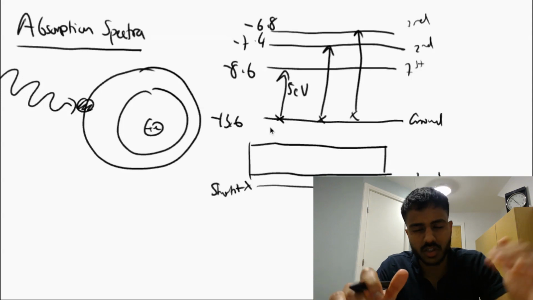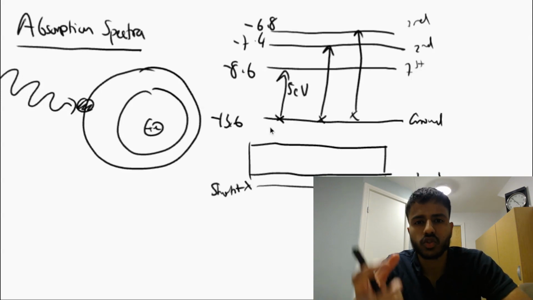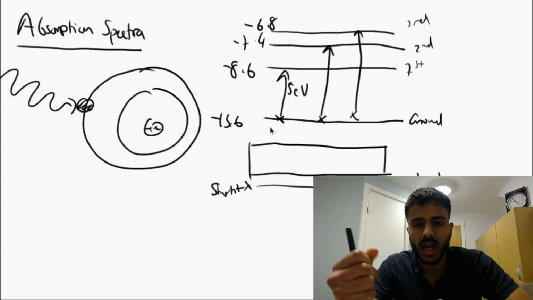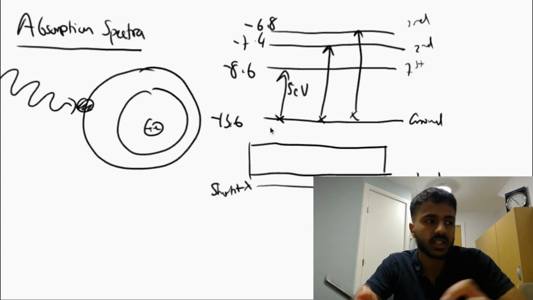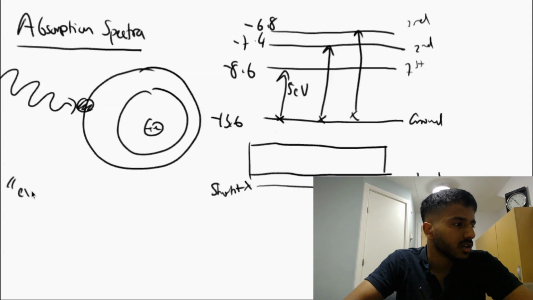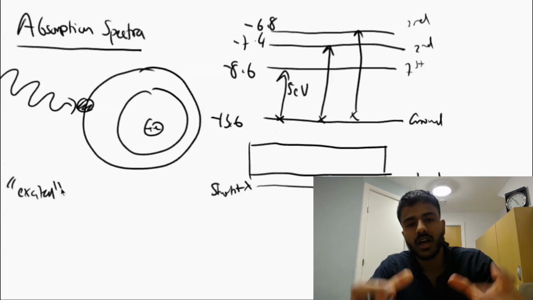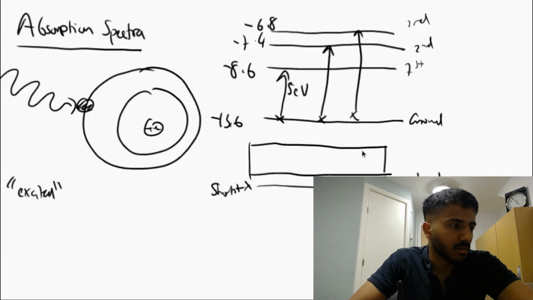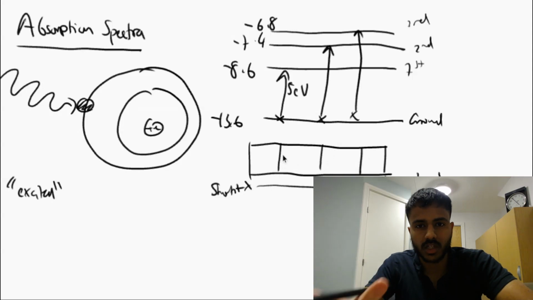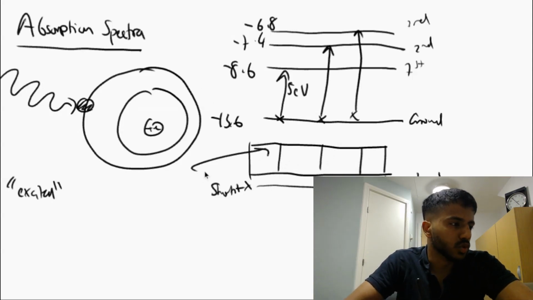However, as it passes through this atom, some of the photons get absorbed by the electrons, and the electrons therefore get excited, the key word being excited, into higher energy levels. Therefore, you will start to see black lines in this colourful spectrum. And these lines are known as absorption lines.